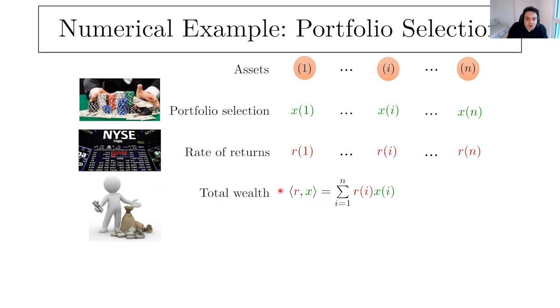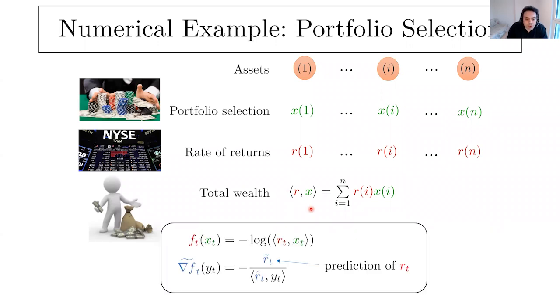Clearly, we want to maximize this one. But it's well known that optimizing this inner product itself is very risk neutral, and it's not a good idea. So what people usually propose is the so-called log utility function. Minus logarithm is a monotone function, so it doesn't change the optimizer, but the minus one is what we want to minimize. So we want to maximize logarithm or minimize minus log, and that's the function that we consider.